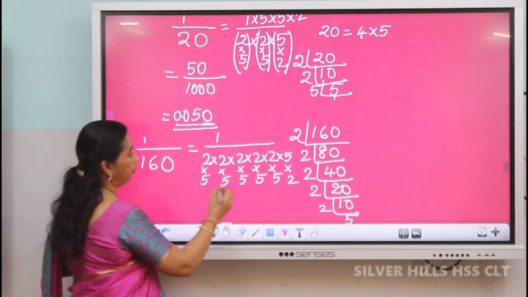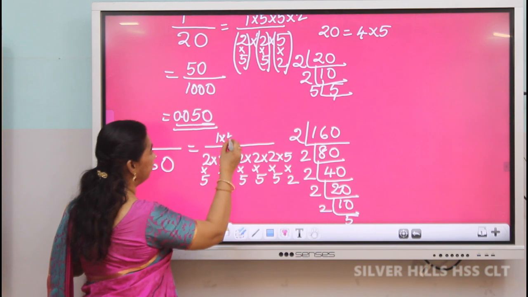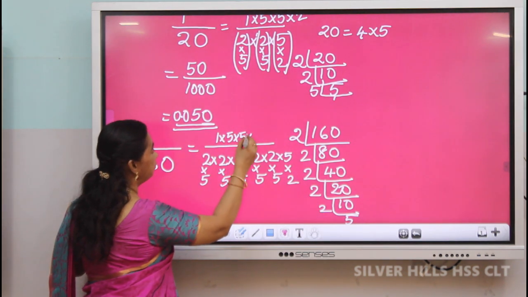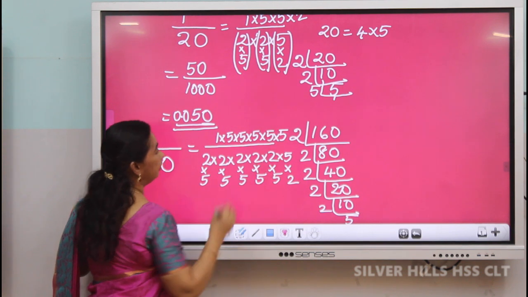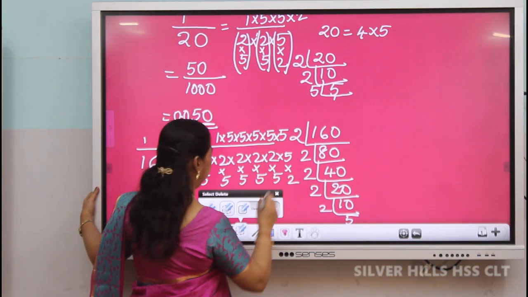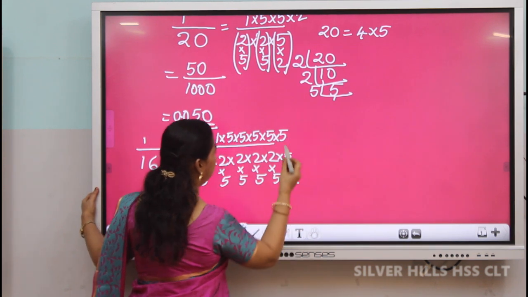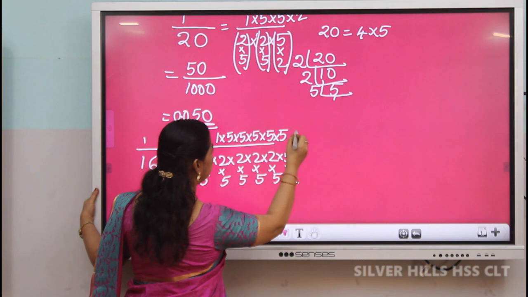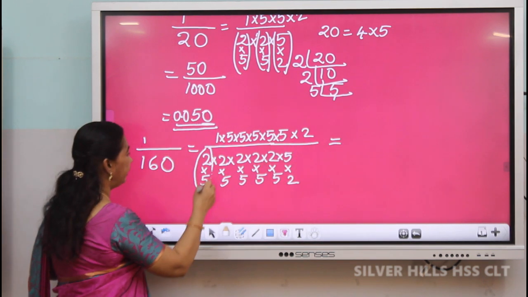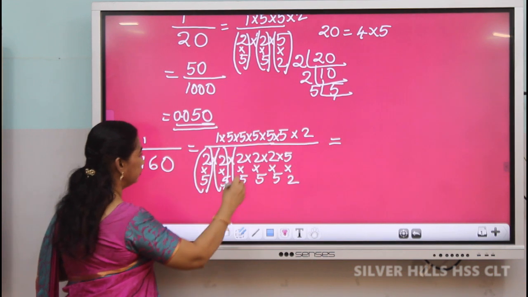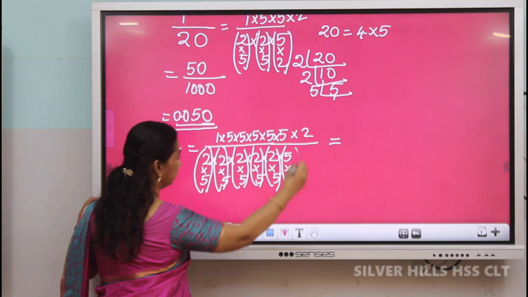So, numerator how many 5's? 5 5's and 1 2 should be multiplied. 1, 2, 3, 4 and 5. Then one more 2 we have to multiply there. So, I am multiplying 1 2 also there. Now, we are getting the pairs of 10. See that how many pairs I am getting here.